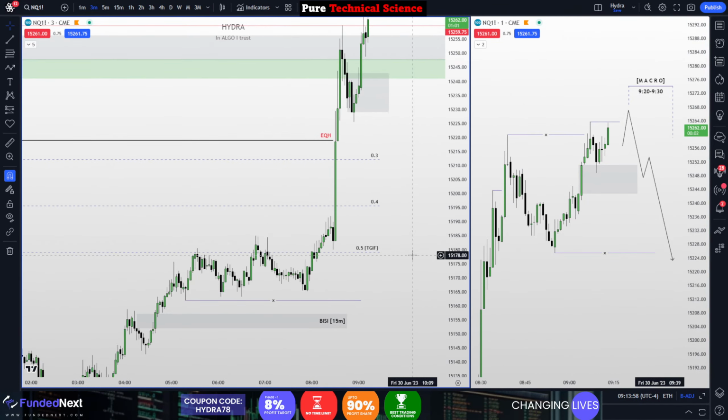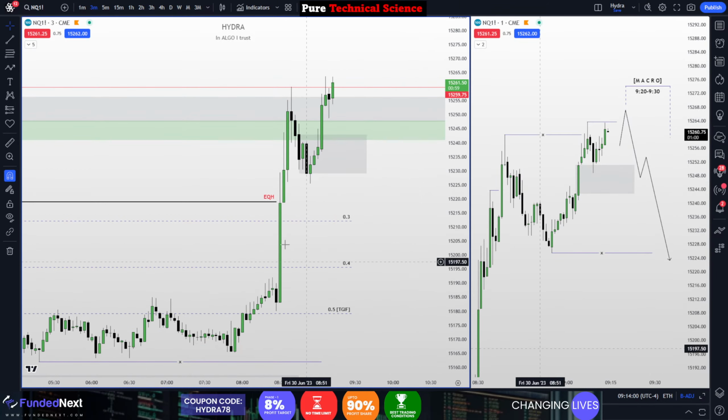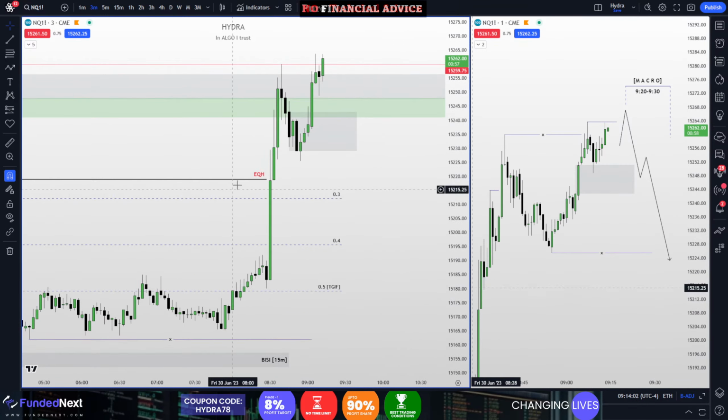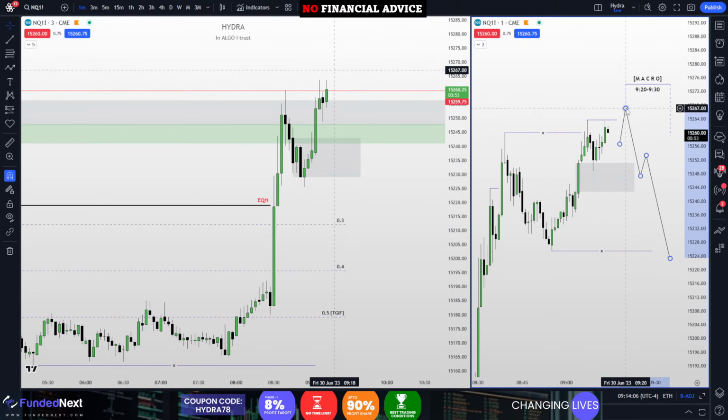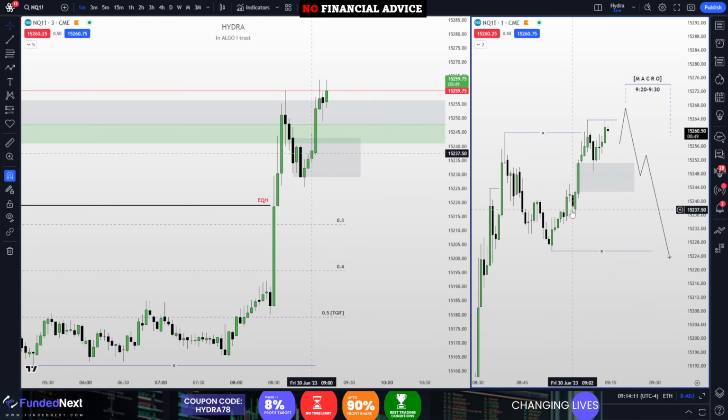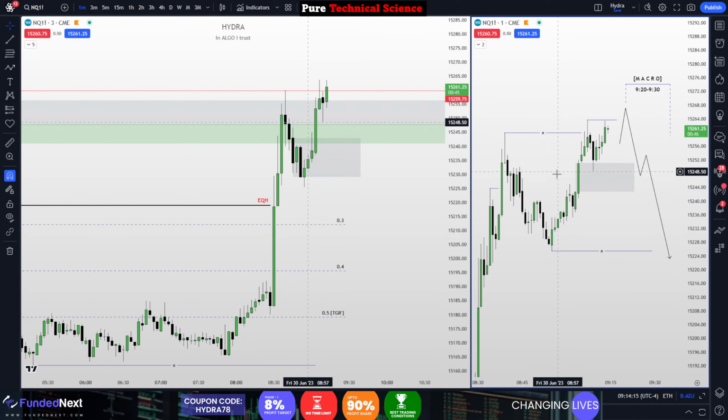Overnight price delivered so much liquidity, and right now before 9:30 with this 8:30 news. So usually when an opening range gap is that big, it's good for us, okay? We can execute on trades by targeting the quadrant levels from the new day opening range gap.